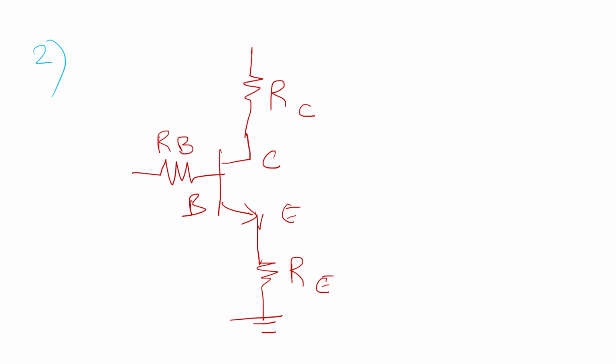So how many resistors do we have here? We have 3 resistors connected, one each to the 3 terminals of the BJT. And the circuit goes this way. This total supply voltage is going to be plus VCC. Now we'll mark the current directions. It's going to go like this: collector current, base current, and emitter current.